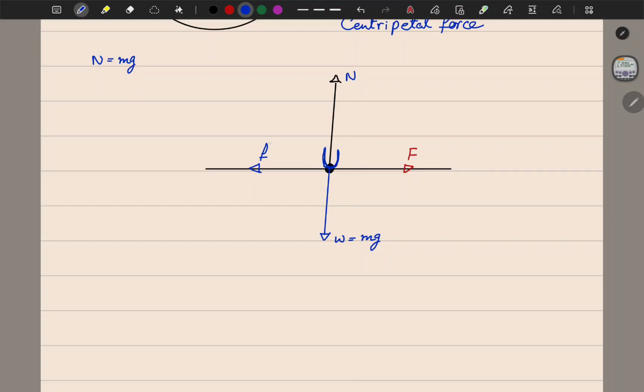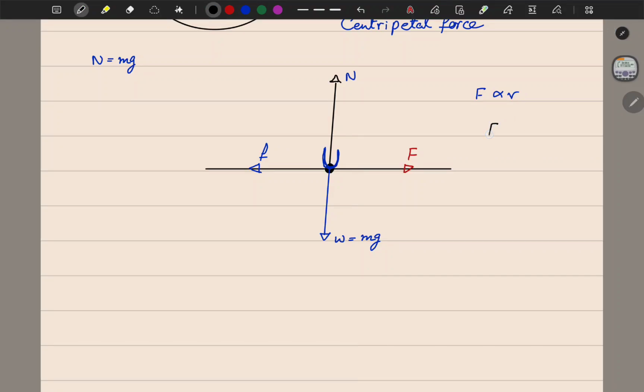However, this friction force is not equal to the centripetal force, especially if the bike is going at a high speed, because the faster you go, the more centripetal force you need.